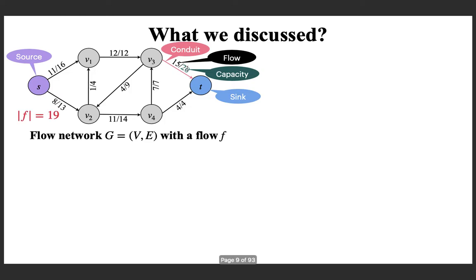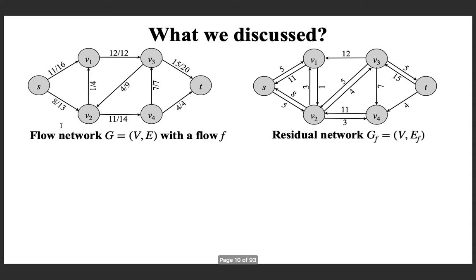We also have seen what is the net value of this flow, which is the net outflow from the source vertex, that is the total outflow from the source minus total inflow to the source. Here inflow is 0, so it is 11 plus 8, 19. We also have learned about residual networks.